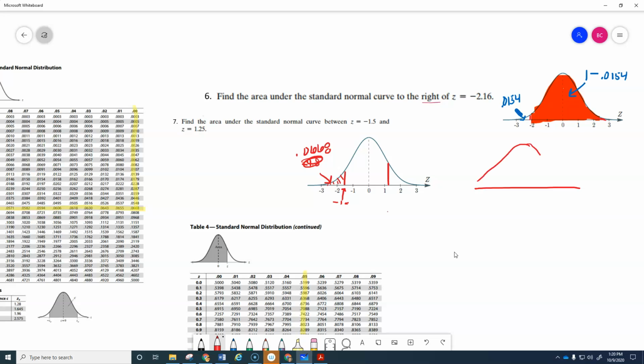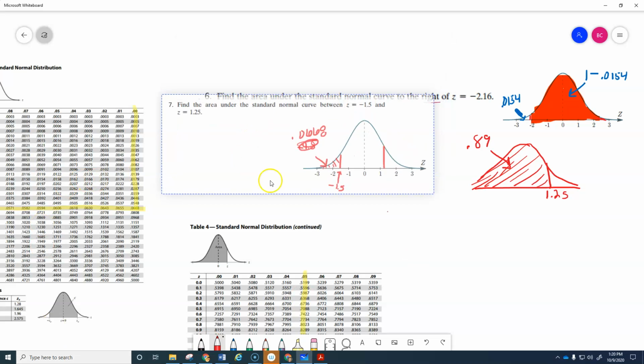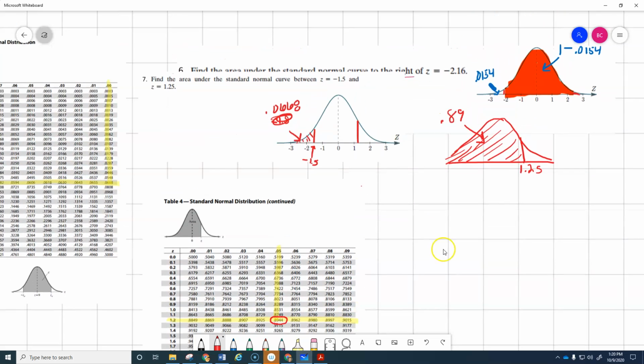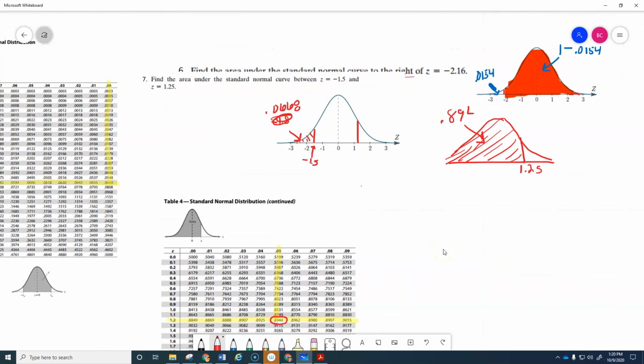Now understand that this one that I just found is all of this. All of that is 0.8944. Okay, so I'm only interested in this section right here.